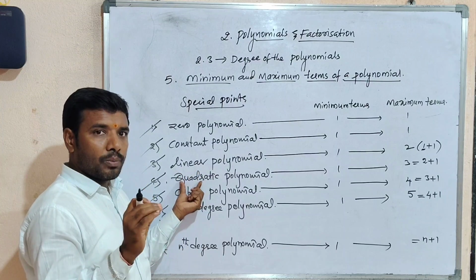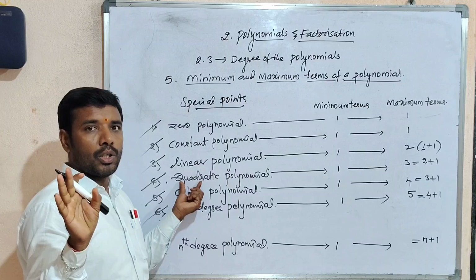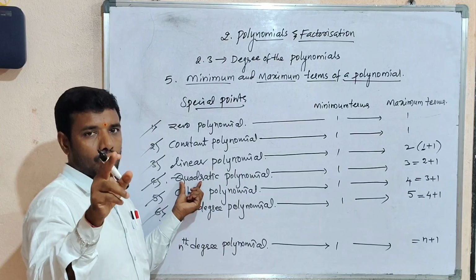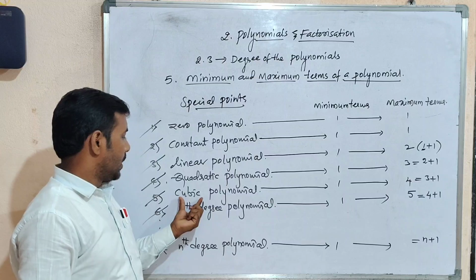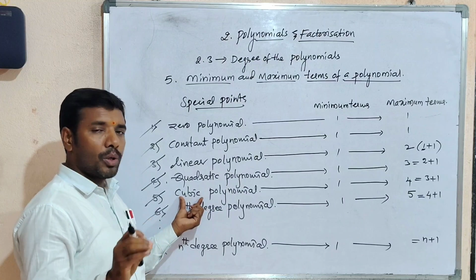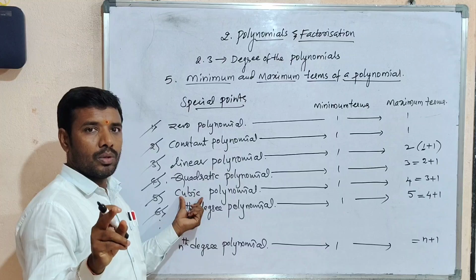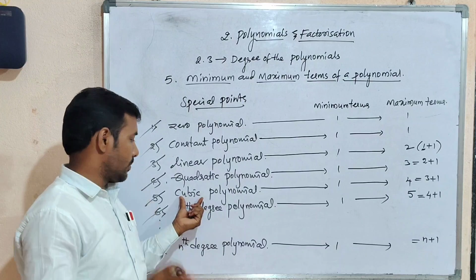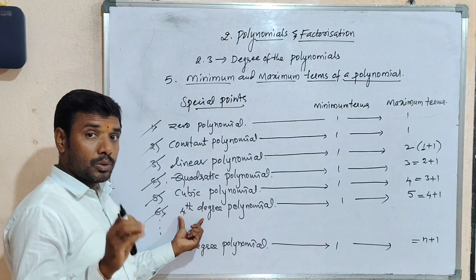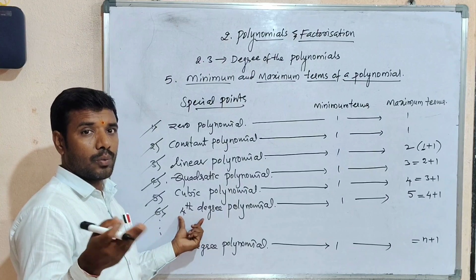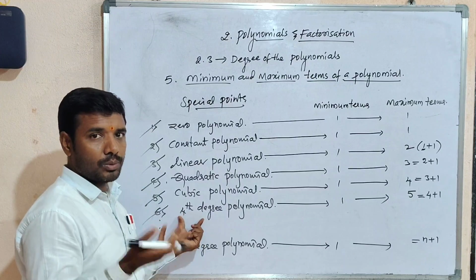Maximum terms of the quadratic polynomial is equal to, its degree 2, 2 plus 1, 3. Maximum terms of a cubic polynomial is equal to, its degree 3, 3 plus 1, 4. Maximum terms of a fourth degree polynomial is equal to, its degree 4, 4 plus 1, 5. Maximum terms 5.